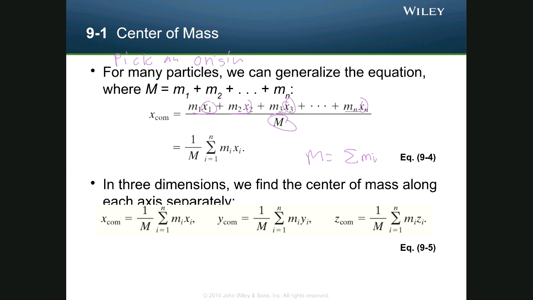Okay? So in that sense, we can just sum up all the m's, and that will give us our big M. And we can look at the x center of mass. You'll notice that on the top, we have each of these terms being summed, and we can look at the position for the x center of mass in terms of this very nice equation here.